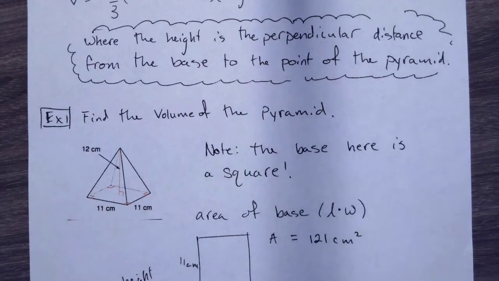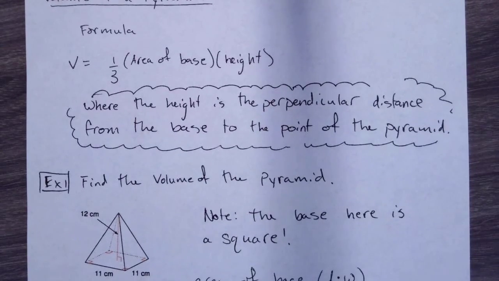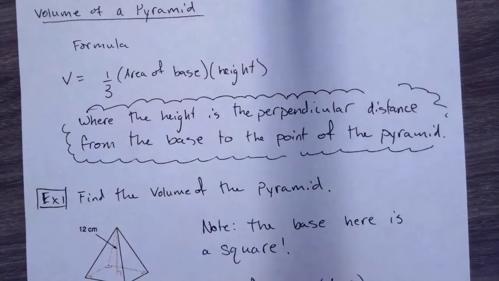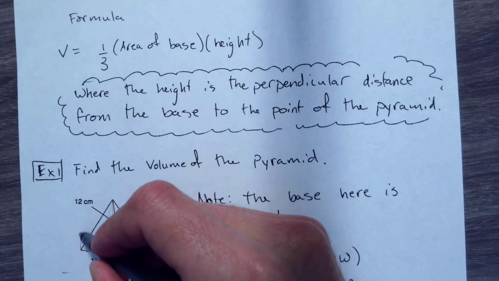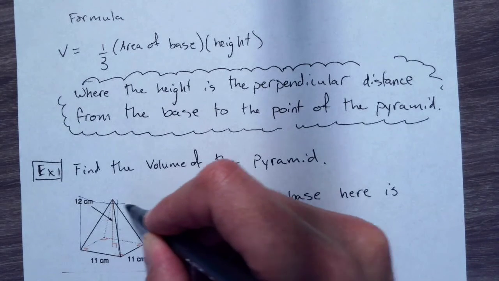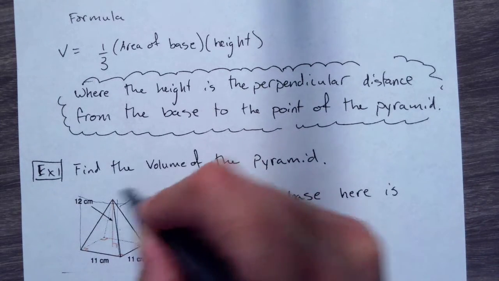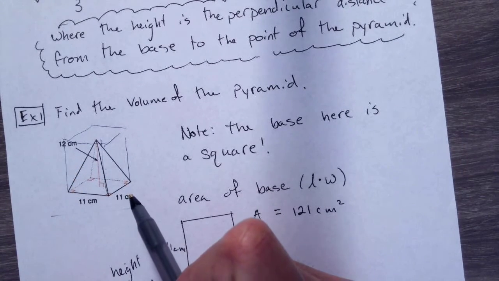So we're going to be looking at the volume, and it turns out, I used to do a demonstration of this, but the volume of a pyramid is just 1/3 of the prism that contains the pyramid. If there was a prism that contains it, we would just get the area of the base times the height.